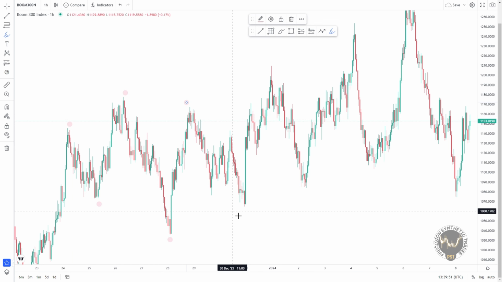Our high was broken. This was the last swing low, and price came down. As you can see, because we are in an uptrend, the market tapped our order block down here. It was a nice perfect tap, and then a high.